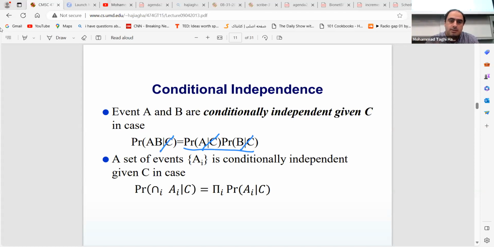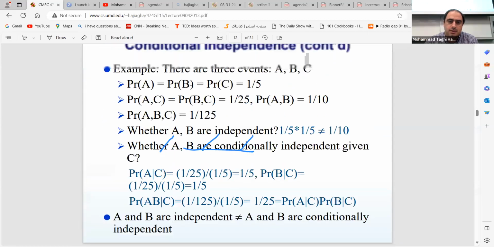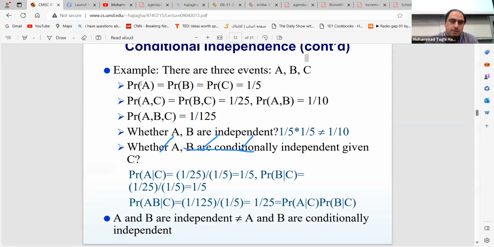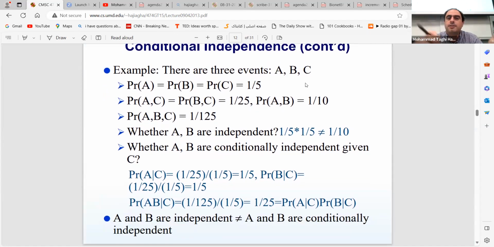And let's see, this is actually one interesting example as well. Consider the case that there are 3 events, A, B, and C. The probability of A, the probability of B, and the probability of C are equal to 1/5.